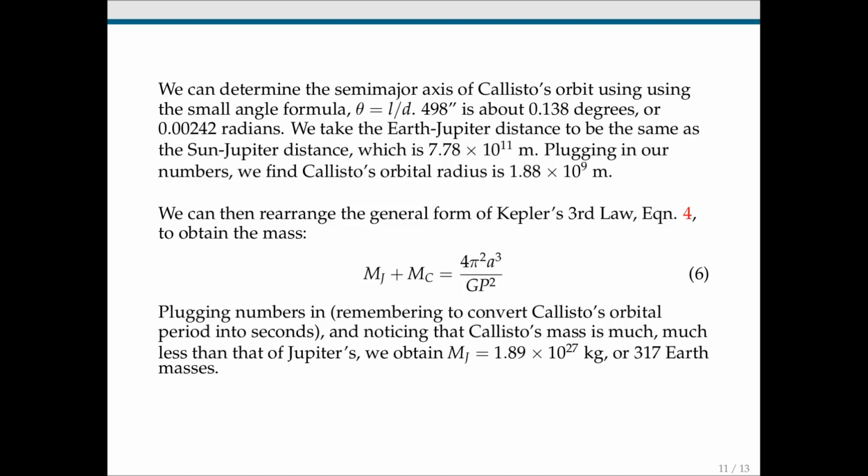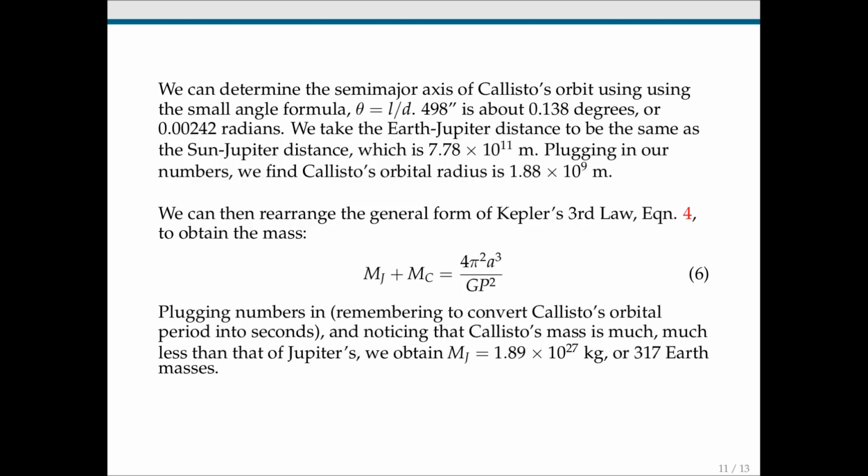Now first we convert 498 arcseconds into radians. So 498 arcseconds divided by 3,600 arcseconds in 1 degree is equal to 0.138 degrees. 0.138 degrees times pi over 180 radians in 1 degree is equal to 0.00242 radians. We take the Earth-Jupiter distance to be the same as the Sun-Jupiter distance, which is 7.78 times 10 to the 11 meters.